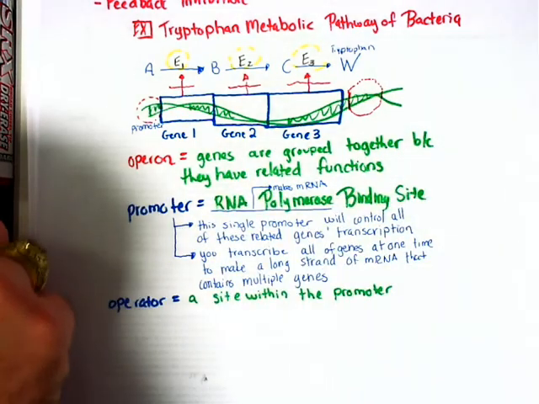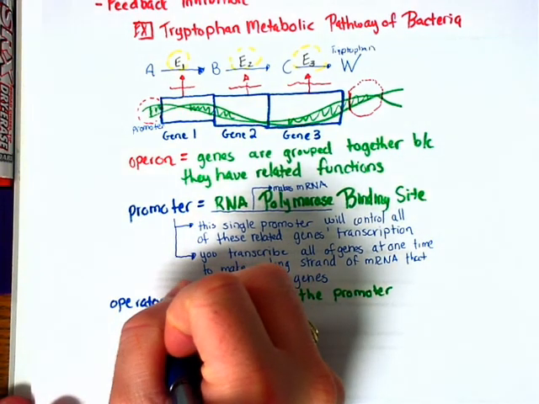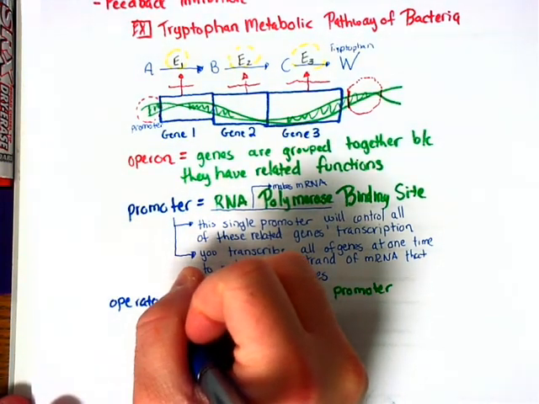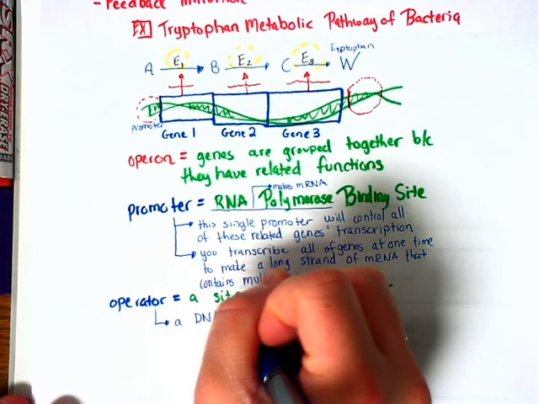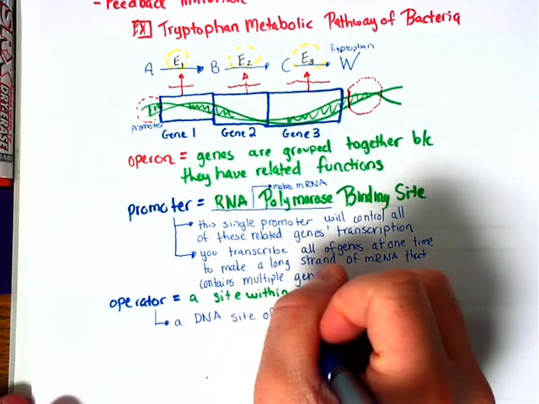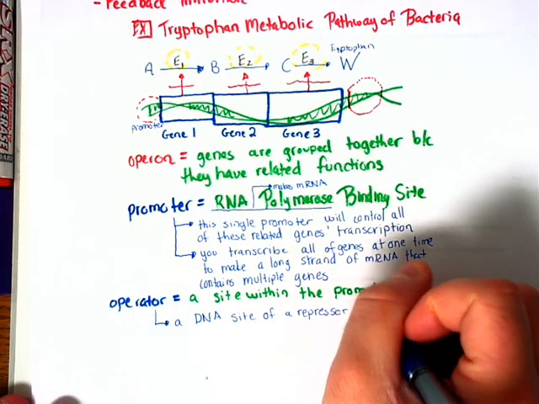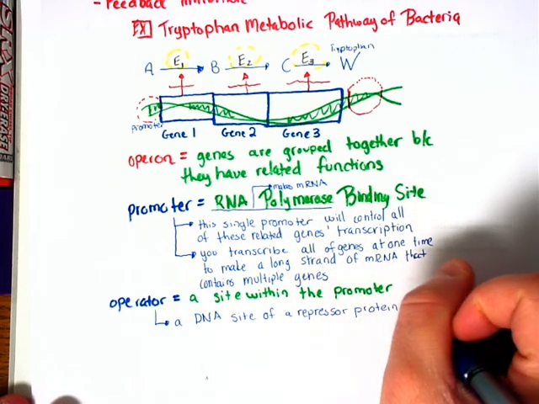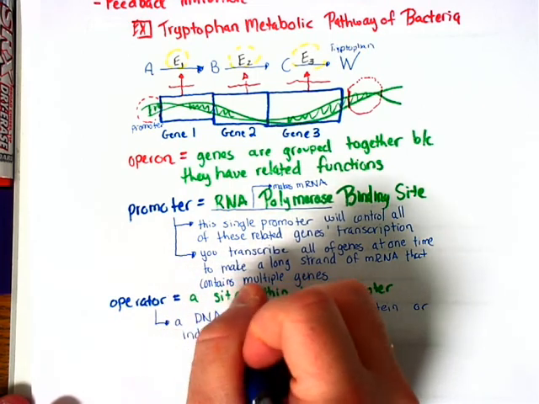And its function is going to be the location of an inducer protein or a repressor protein. So this is a DNA binding site of a repressor protein or inducer protein.